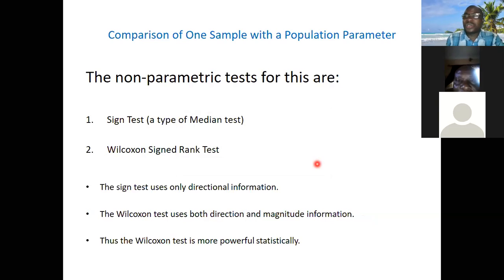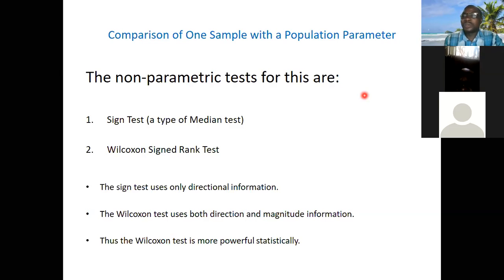So we have been discussing non-parametric tests, and we said that each of the parametric tests has its own non-parametric counterpart. When you look at the three scenarios for comparing means, one sample is when you are comparing one sample with maybe a parameter in the population; you have access to only one sample.